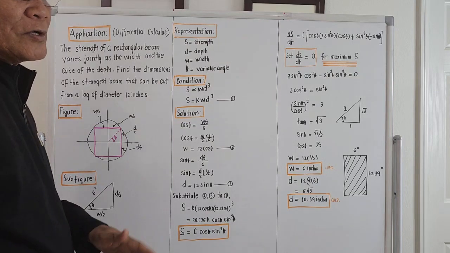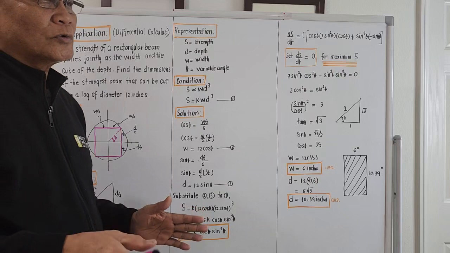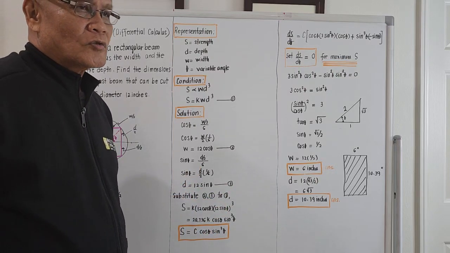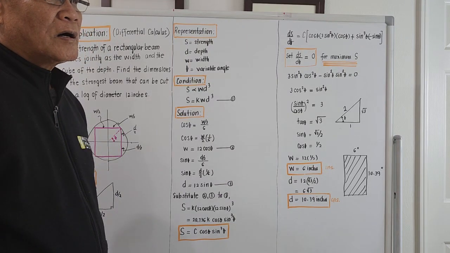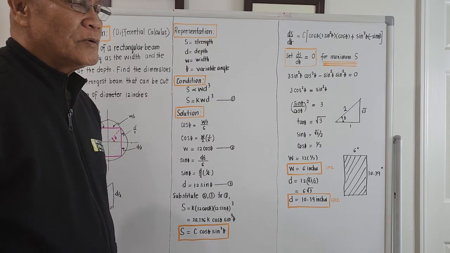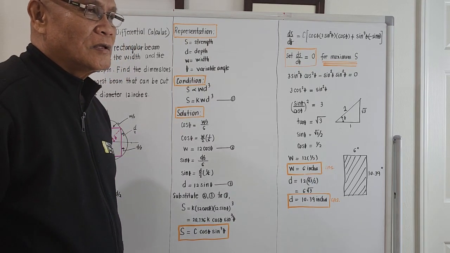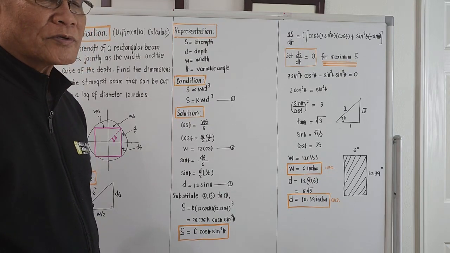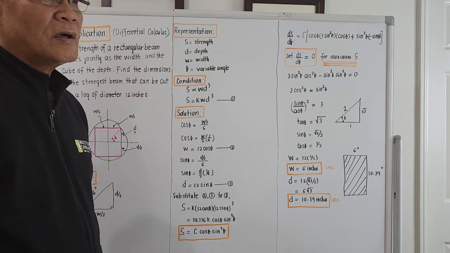One of the applications of differential calculus, for those who don't know it yet, is in the so-called maxima and minima problems. We use differential calculus in the computation of the strength of rectangular beams, which is part of the study of civil engineering.